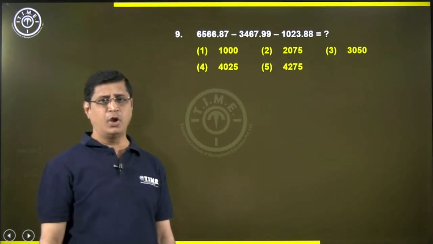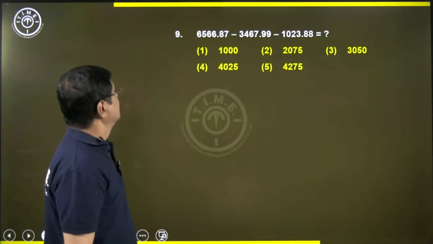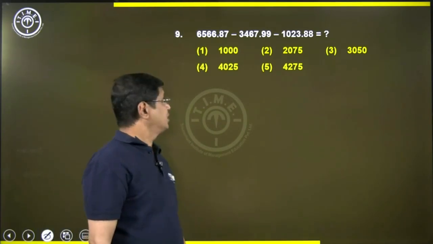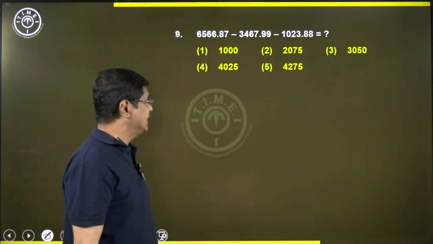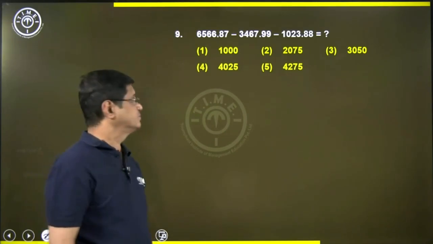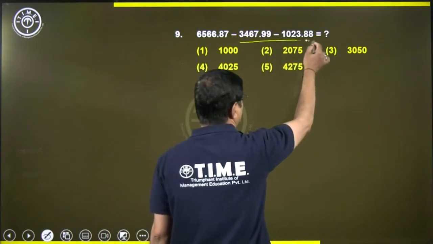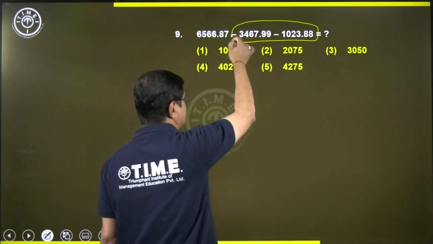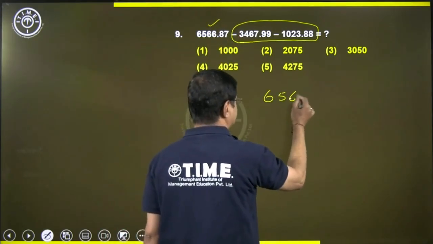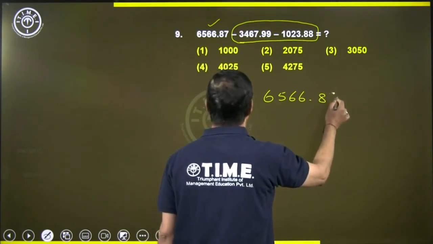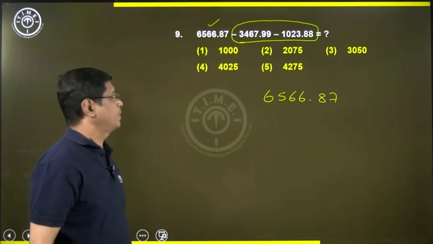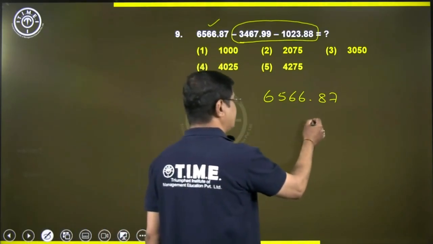Now look at the next example on your screen. 6566.87 minus 3467.99 minus 1023.88. Add these two values and subtract from the 6566.87. My dear students, just observe what is the sum of these two values. By adding these two, what we get?